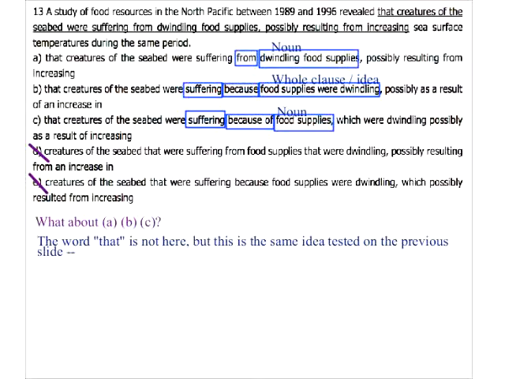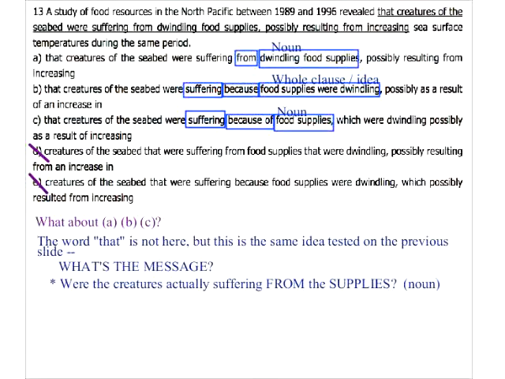It's what do we mean again? What's the message? Were the creatures actually suffering from the supplies, which would be the noun, or were they suffering because of the idea contained in that clause? Were they suffering because the supplies were running down?